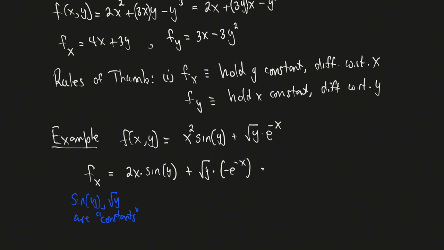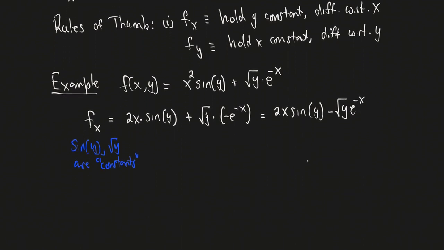So putting this all together, not much in terms of simplifying we can do, but we will have 2x times the sine of y, and then I'll just take this negative and put it in front, so I have minus root y times e to the negative x. All right, there we go.